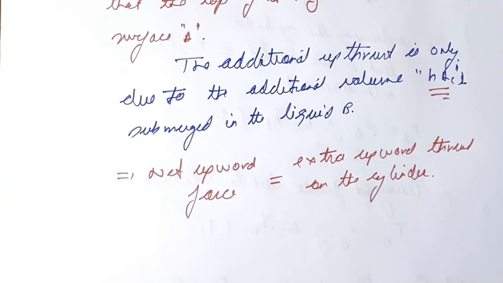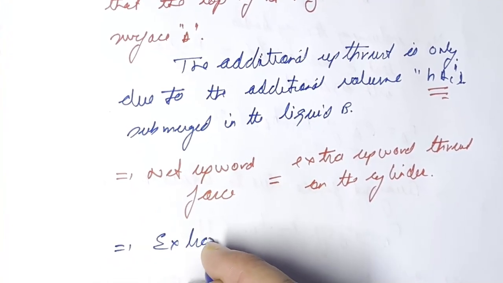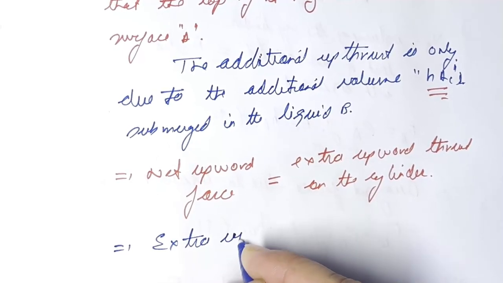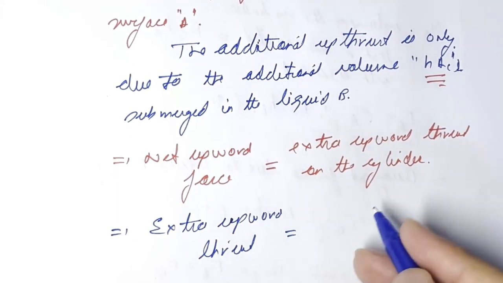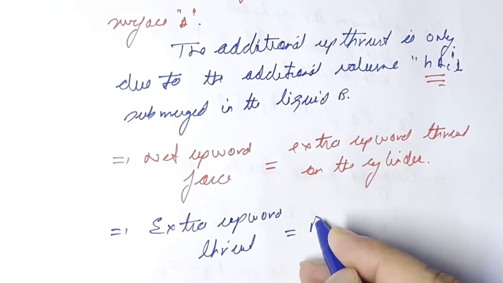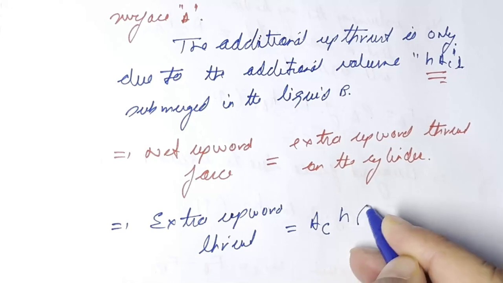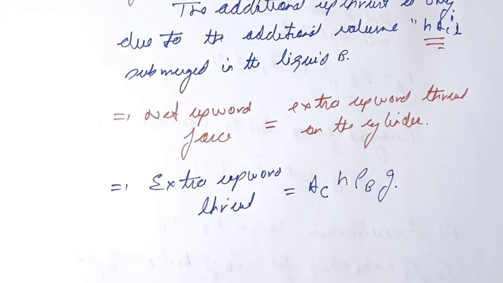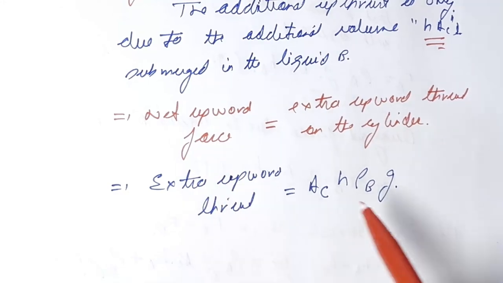So the extra upward thrust will be equal to area of cross section AC, H, density of liquid B, multiplied by G. So this will be equal to the net upward force.